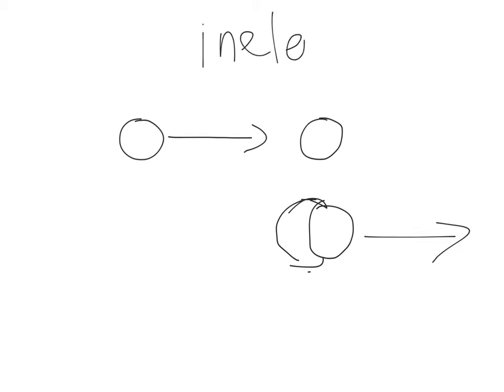What ends up happening is that when the ball travels and interacts with this one, they then join together as one kind of big ball and travel on together as a joined up object. So this is inelastic.